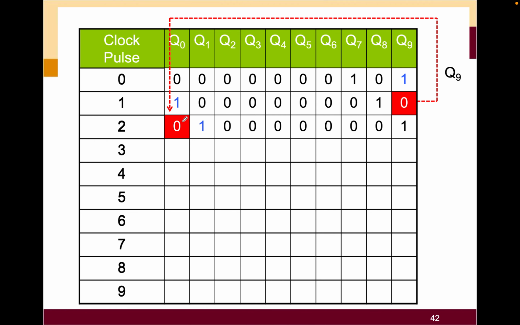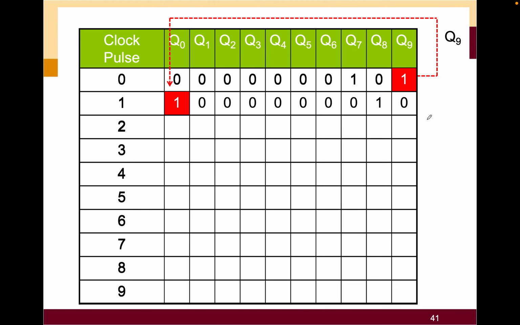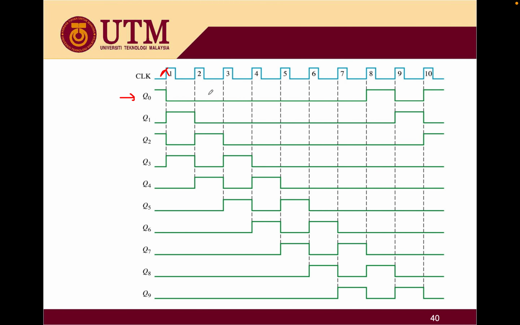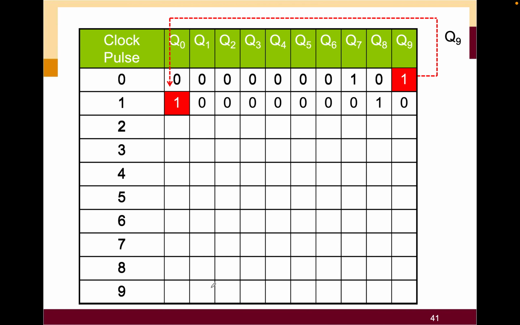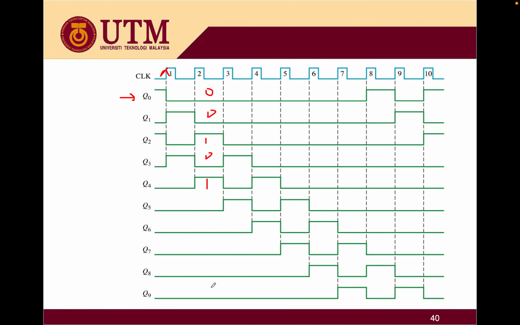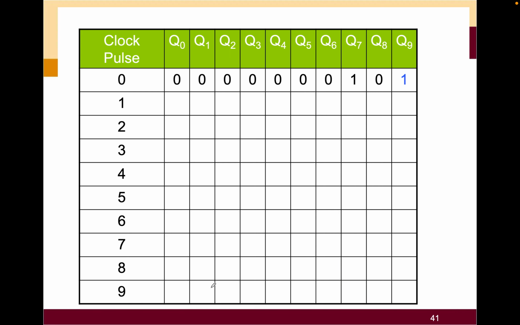Clock 2 will be 0 1 0 0 0 1. Clock 2 0, 0 0 1 0 1 0 0 0 0. Is it similar for Q2? 0 1. I also forgot 0. Okay, that is a preset. 0 1 0 0 0.